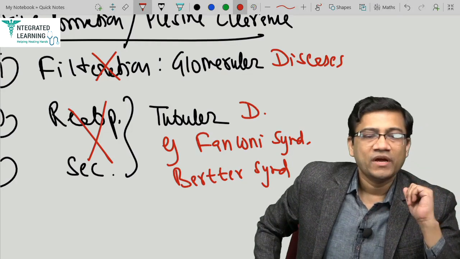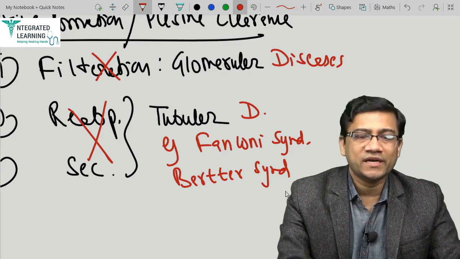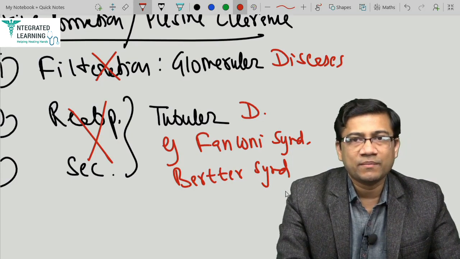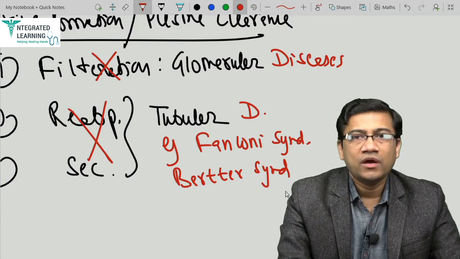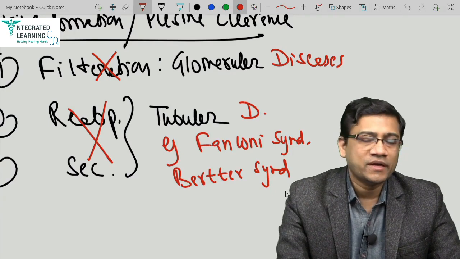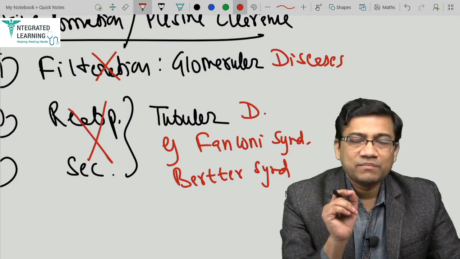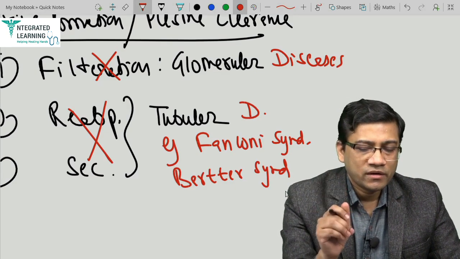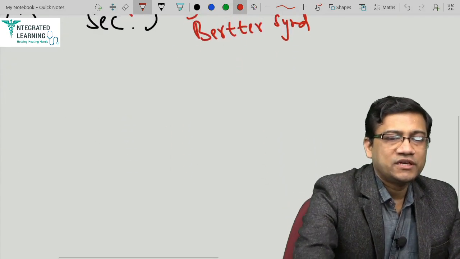Now as I told you, all the kidney is supplied by which capillary? Yes, all the kidney is supplied by the glomerular capillary and peritubular capillary. Except the Bowman capsule, which is supplied by the glomerular capillary, the rest are all supplied by peritubular capillaries. So let's see a statement.